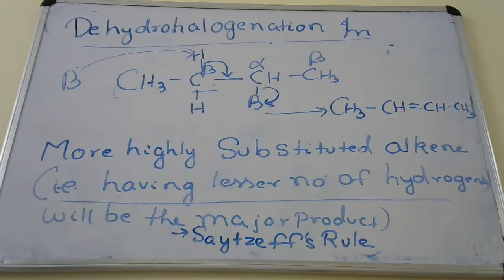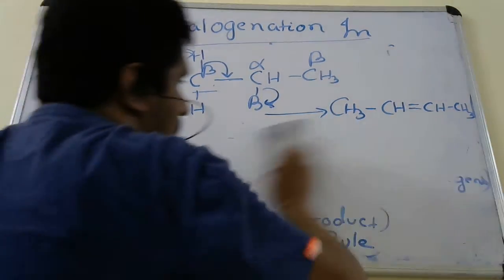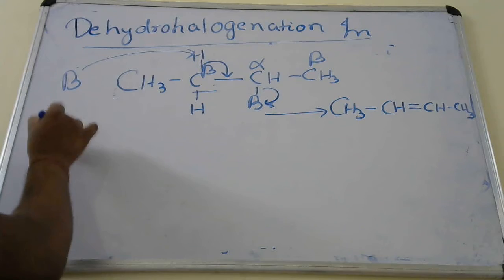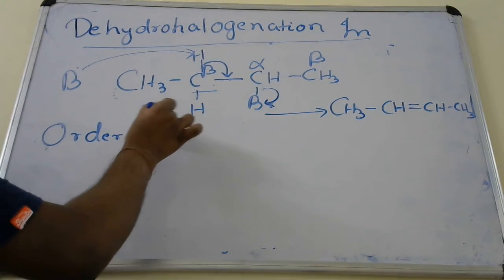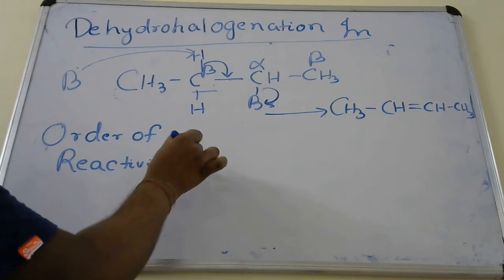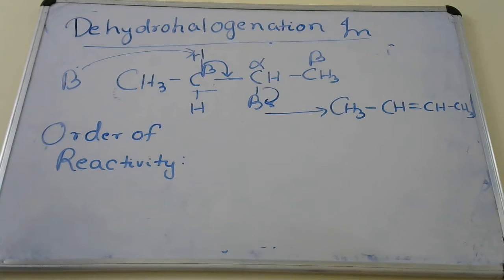Now, the order of reactivity. The order of reactivity will be for the ease of dehydrohalogenation.